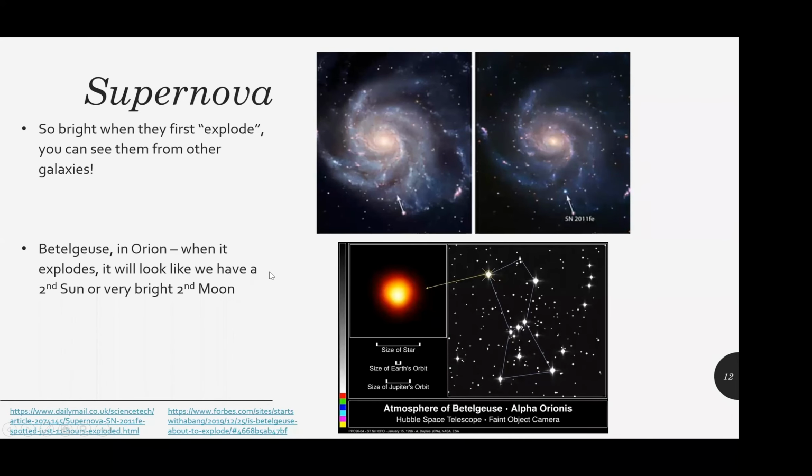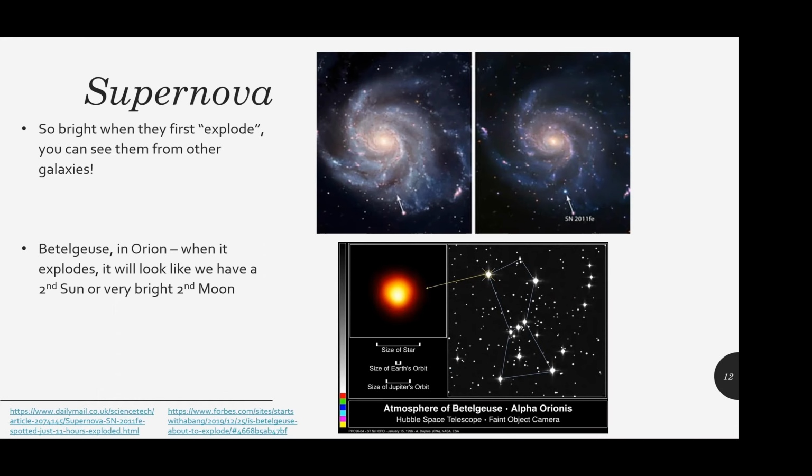We can tell that because of its size and color, it's very, very red, that it will probably go supernova. That could be anywhere from tonight to about 1 million years from now. And when this happens, it's about, what, 650 light years away? Yep.